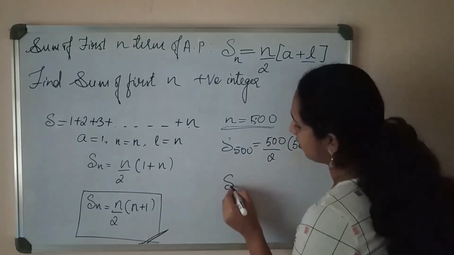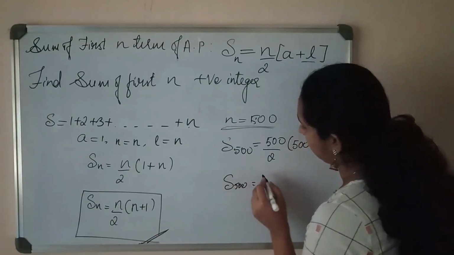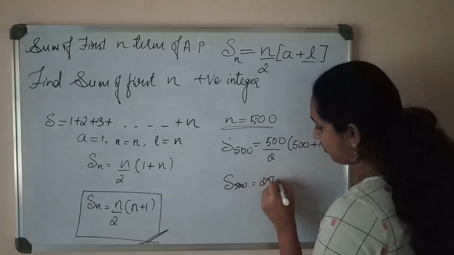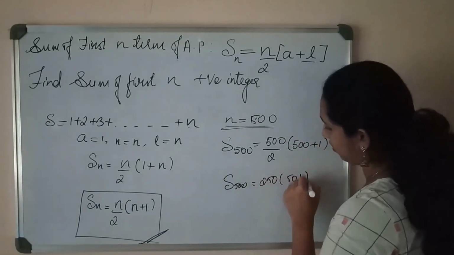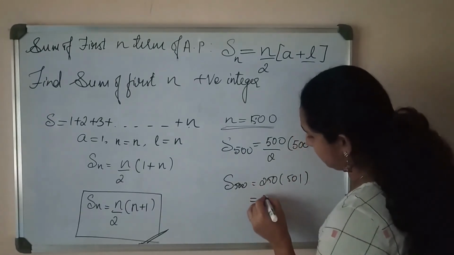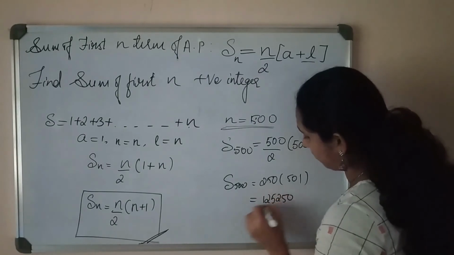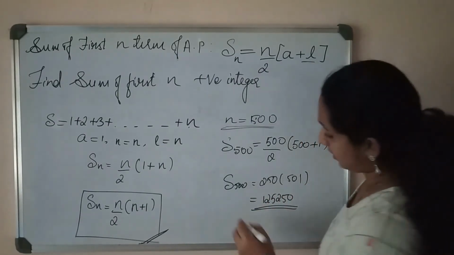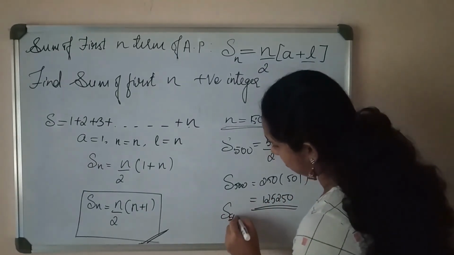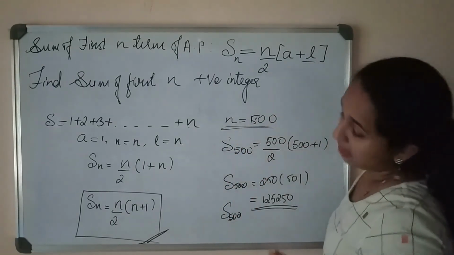So S500 is nothing but 250 into 501. I'll get the answer as 125,250. This is the answer if they give n as 500.